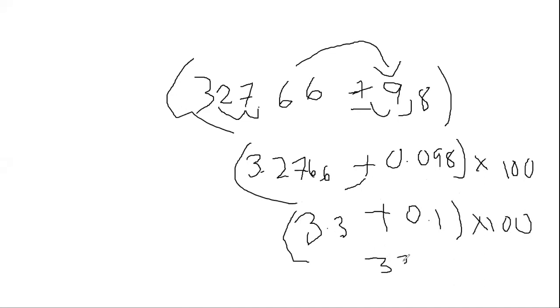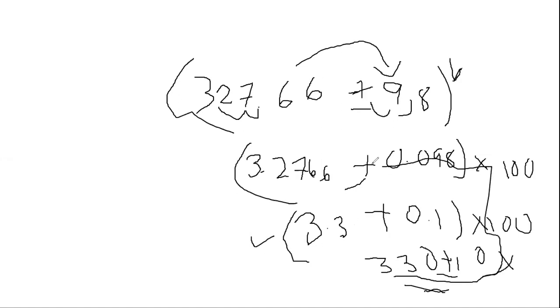So you get 330 plus minus 10. The trap is here, the 9.8. If you still fix it and never change the decimal places, you might not know where to cut off the 327. This is the technique. So those who get 330 plus minus 10, you are almost good in uncertainty.